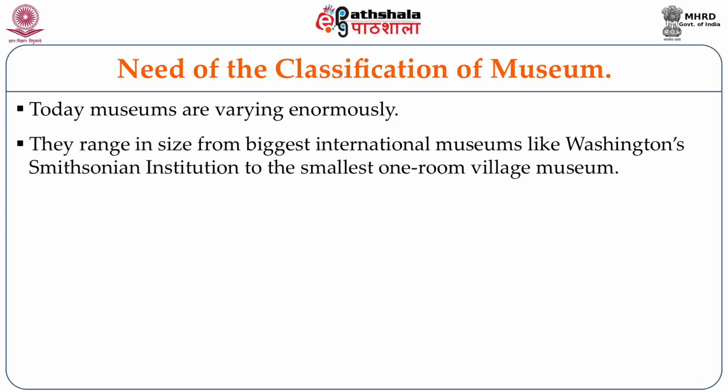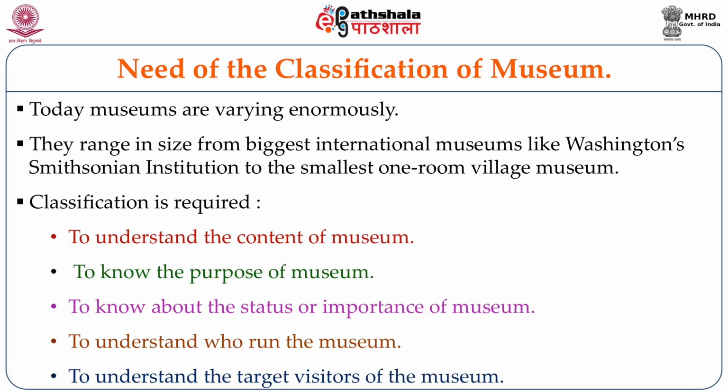They range in size from the biggest international museum like the Washington Smithsonian Institution to the smallest one-room village museum. Therefore, we need classification to understand the content of a museum, its purpose, its status or importance, who runs the museum, and the visitors of the museum.